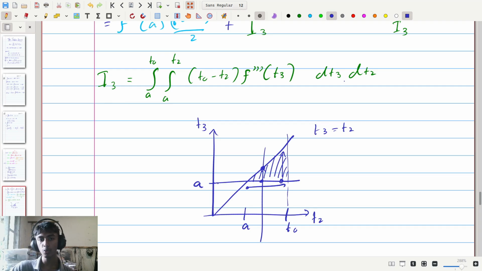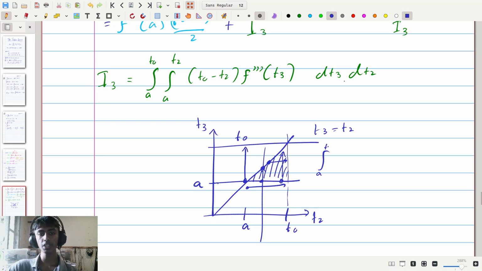Instead what we could do is this. This level here is t0. Instead of varying t2 and then varying t3 based on t2, we could take t3 and vary it from a up to this level here, t0, and while doing that, t2 would then have to vary from the current value of t3 up to the maximum limit, which is t0.